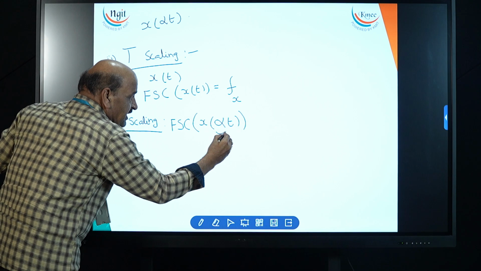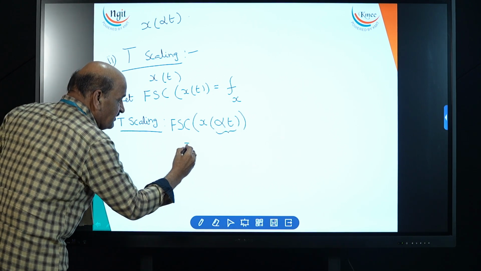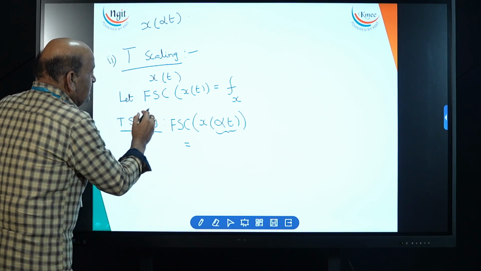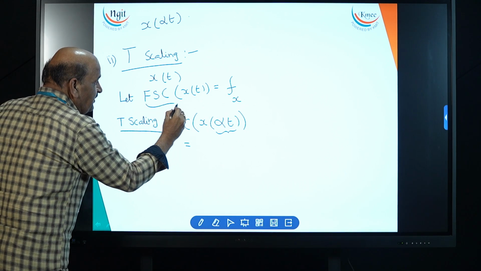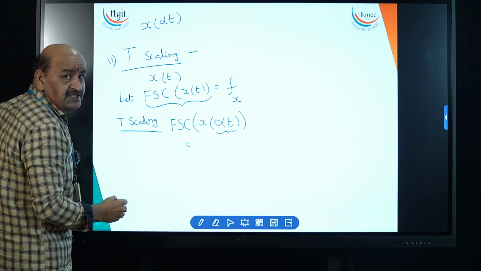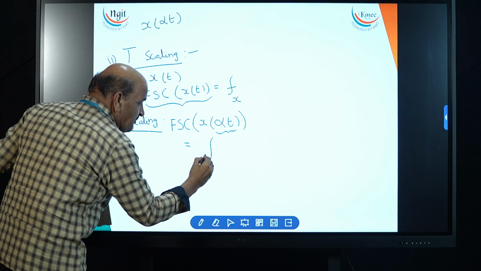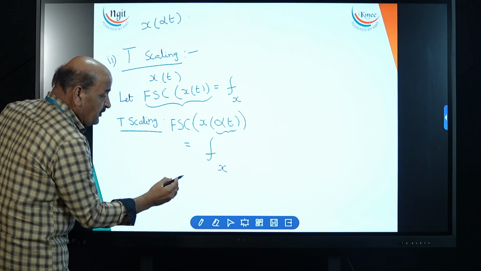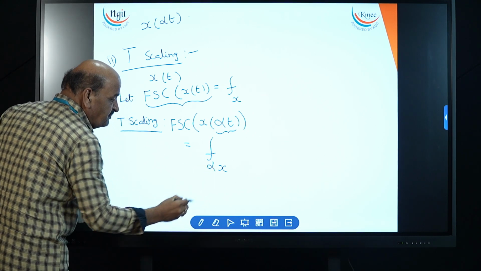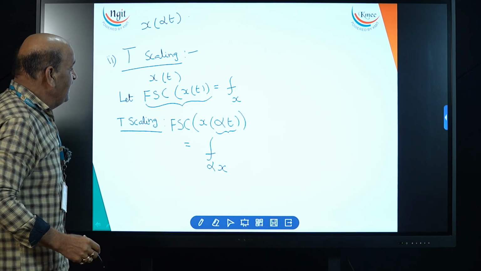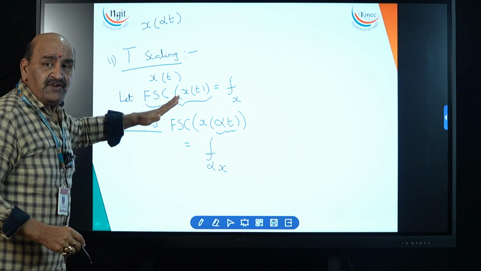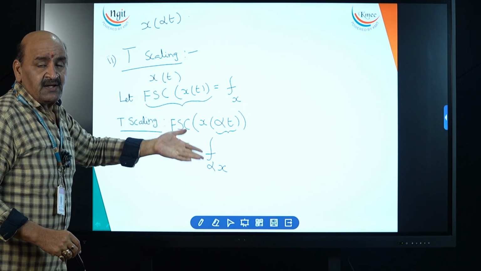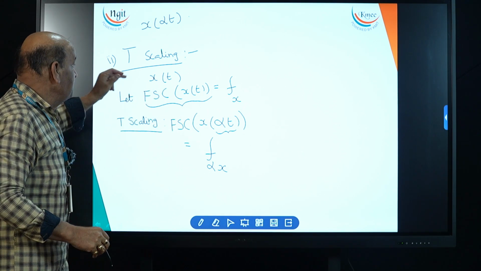I kept alpha here, make it a point. This is equal to, now just look at. In general, Fourier series coefficient of x of t how much? F of x. You write the same f of x. Now here alpha is multiplying. So here you keep alpha here. So this is the time scaling property of the Fourier series coefficient, the second property.